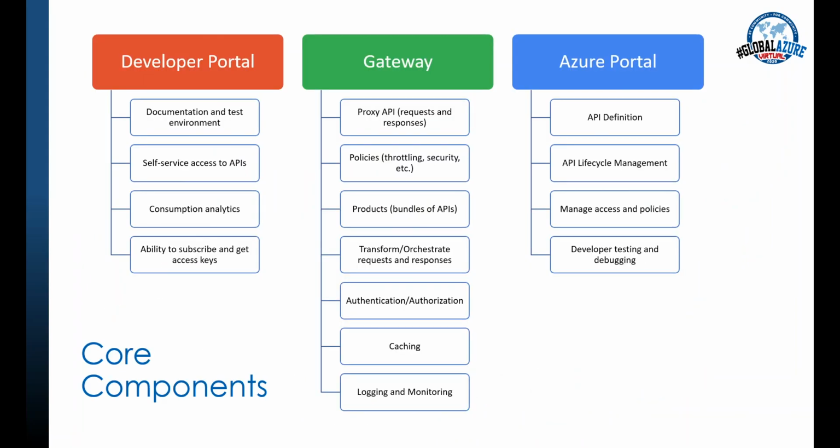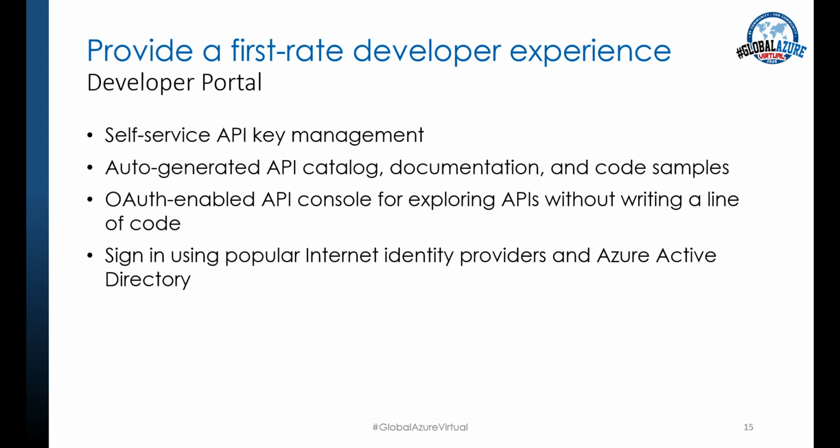And these are just some of the features. So let me go into a little bit more details for them. On the developer portal, you want to provide a first-class developer experience. So self-service API key management. Developers should be able to come to your portal, sign up, and immediately get keys and start working with your API. So that's all self-managed by them.